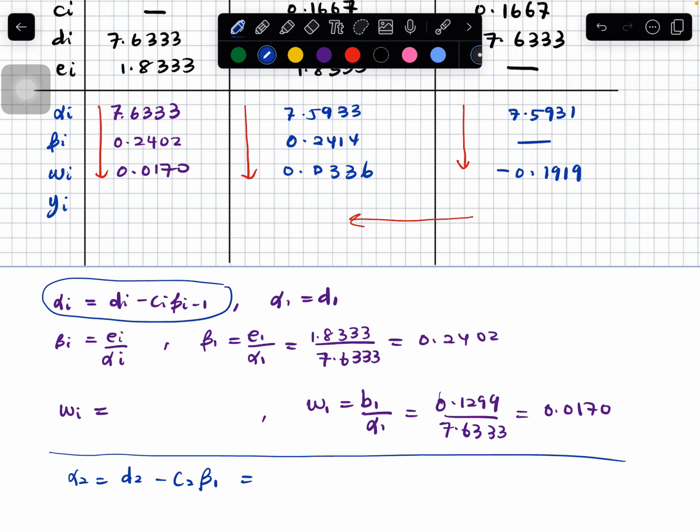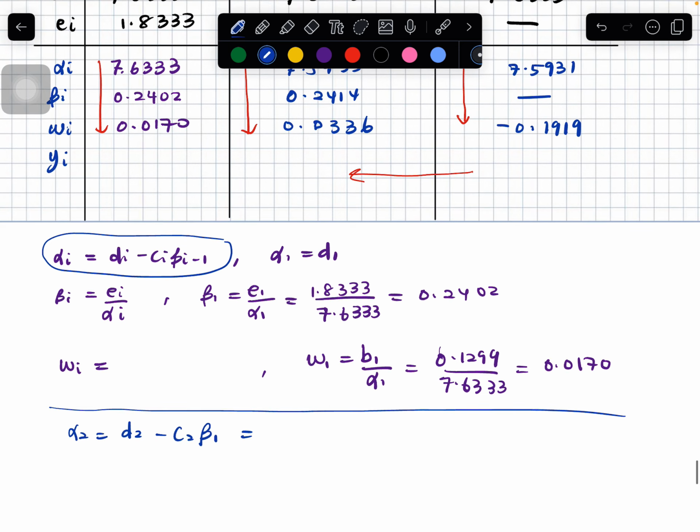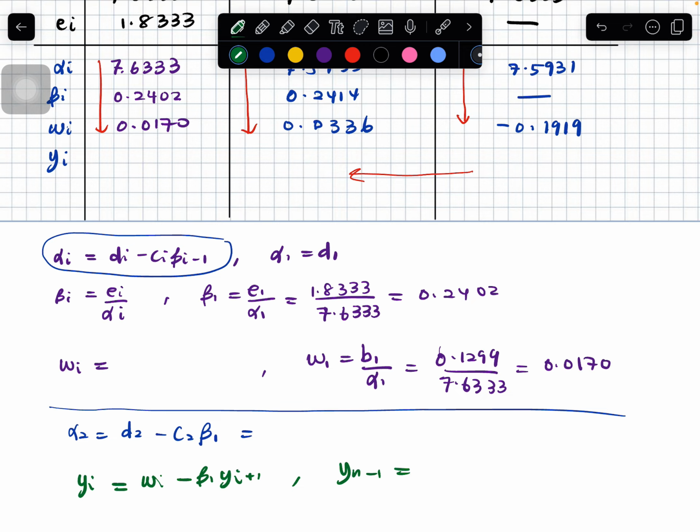Okay, now it's time to find y value. There are two formulas for y as well. So we have y1 equal to this one. And then we have y n minus 1 equal to w n minus 1. So since we are doing backward, remember our n just now, which is the sum of interval, is 4. N is 4, so 4 minus 1 is 3, so y3 equal to w3.